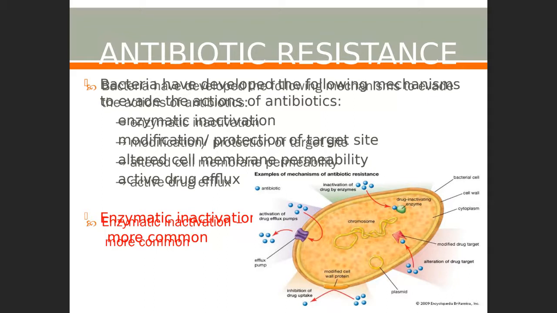Modifying means, see over here, it is making the cell membrane or the cell wall thicker so that the drug cannot act over here. This is how the bacteria is developing mechanisms in order to protect itself and nullify the action of antibiotics.